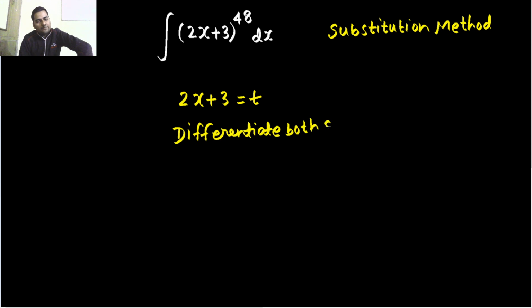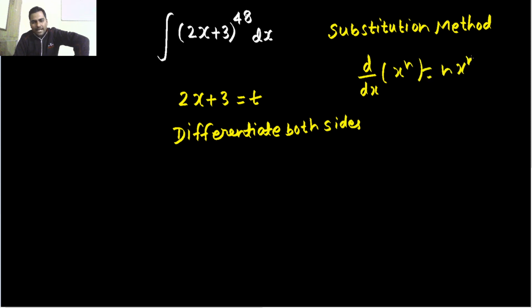I hope you are familiar with the formulas of differentiation at least. If not, basic formulas like, if you are differentiating x power n, it becomes n x power n minus 1. Fine, I hope you are familiar with this. So if you differentiate both sides, let's say this time with respect to x, so 2 is a constant that will go out.